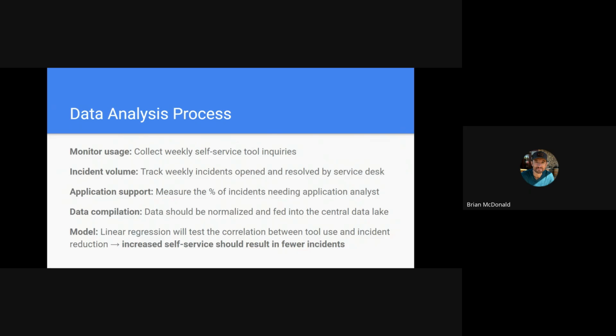We'll work on data compilation to make sure that it's normalized and fed into the data lake. And we would use linear regression to show a correlation between the tool use and incident reduction. And as I mentioned, increased self-service should result in fewer incidents.